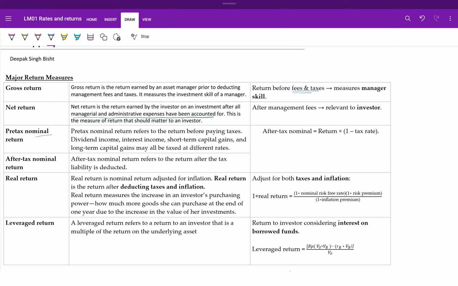Pre-tax nominal return refers to the return before paying taxes. Why? Because dividend income, interest income, short-term capital gains and other components might be taxed at a different rate. These are referred to as returns before paying taxes.